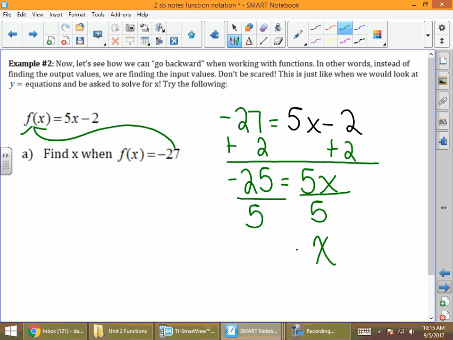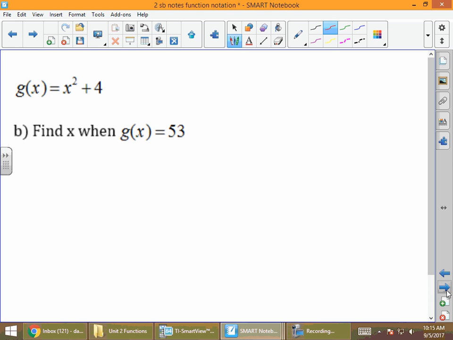And we end up with our input of negative 5. Let's try another one. And for the most part, people do quite well on this. But I need to really stress the fact that we need to look and decide, do we have input or do we have output? And in this particular section, we have output.